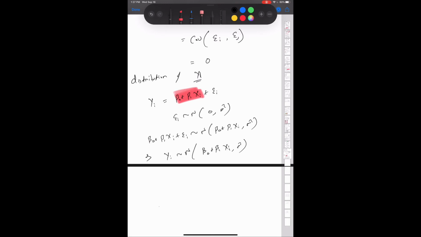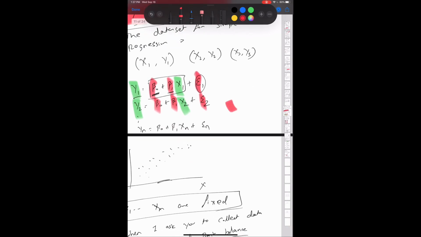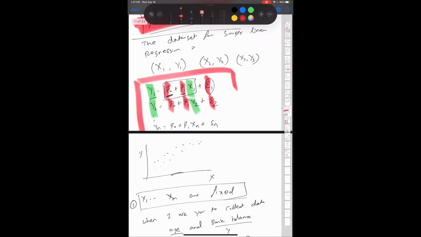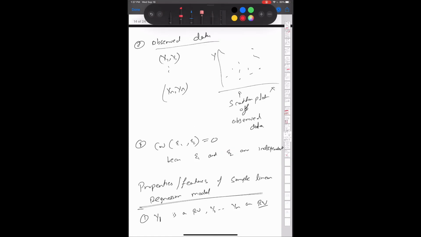So by assuming this model, or thinking about this data set, we have found out some properties of y.